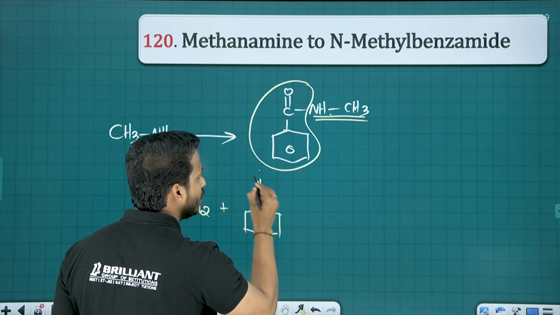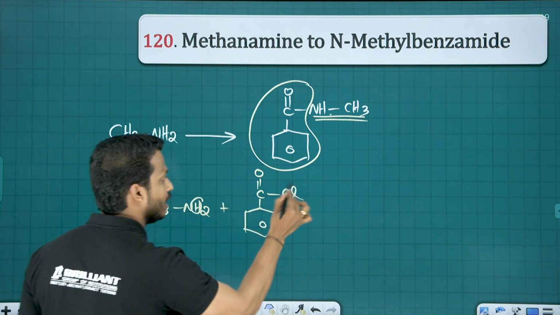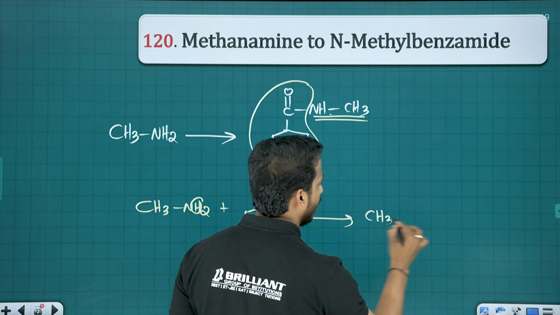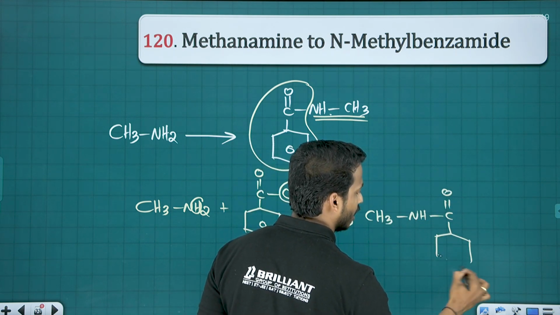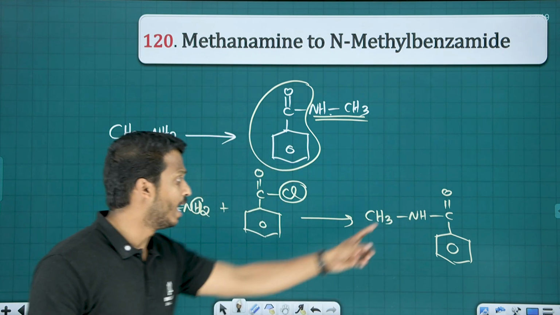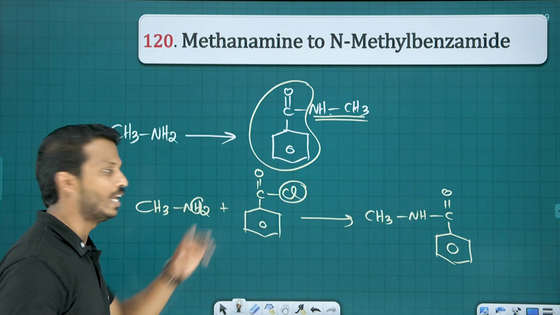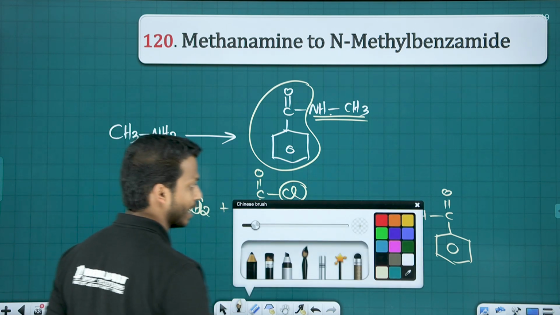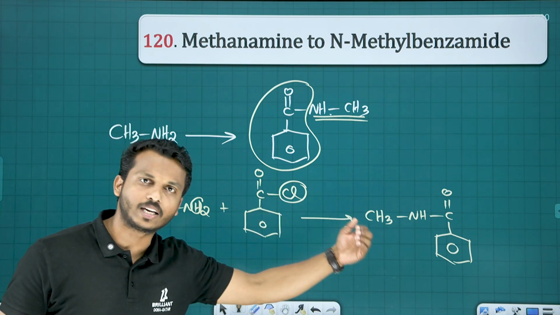Benzene with COCl, you have to use it. So what happened? The H and Cl go out as HCl, and you get CH3NH and then CO with the benzene ring on it. You will get N-methylbenzamide. Addition of benzoyl chloride is called a benzoylation reaction. We have to use a base here because the byproduct is HCl, to neutralize it.